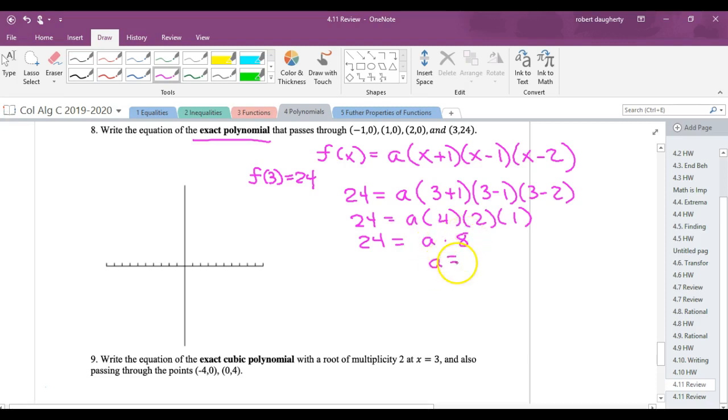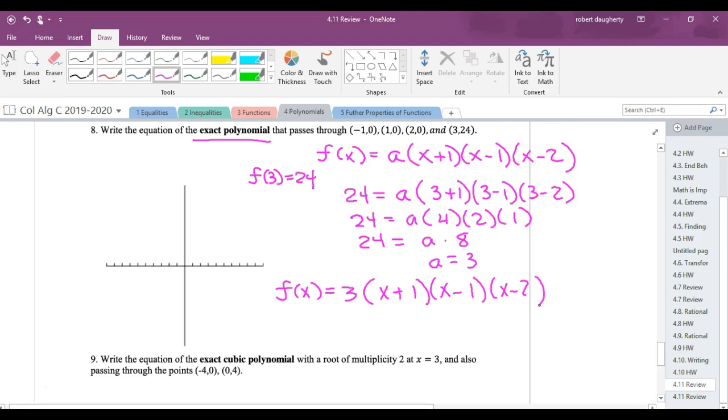This tells me that a is equal to 3. So this polynomial is f of x equals 3 times (x plus 1)(x minus 1)(x minus 2), okay?